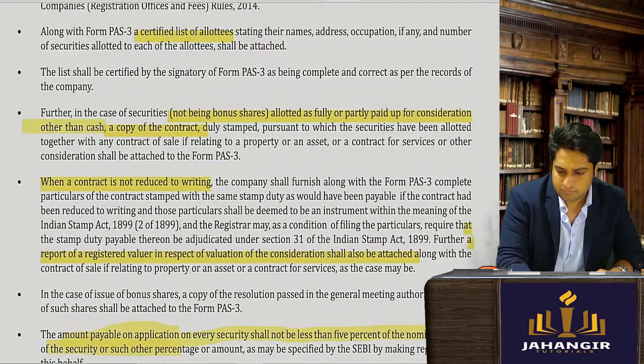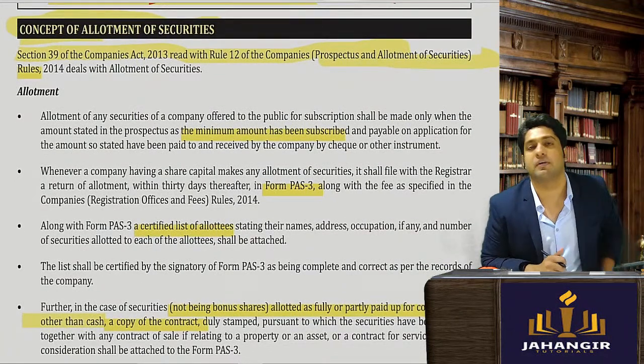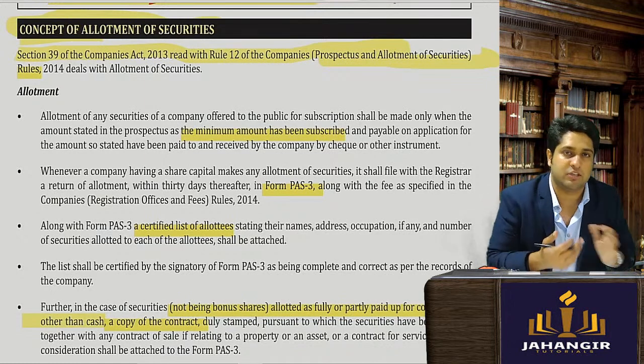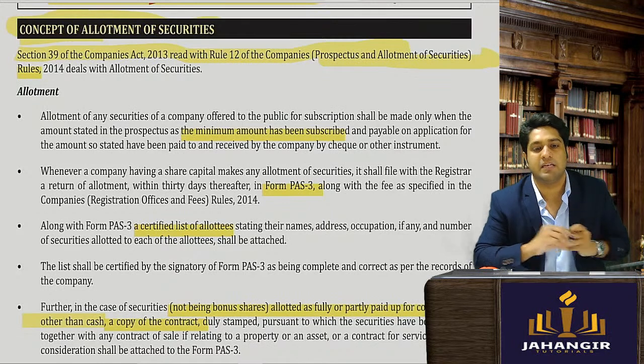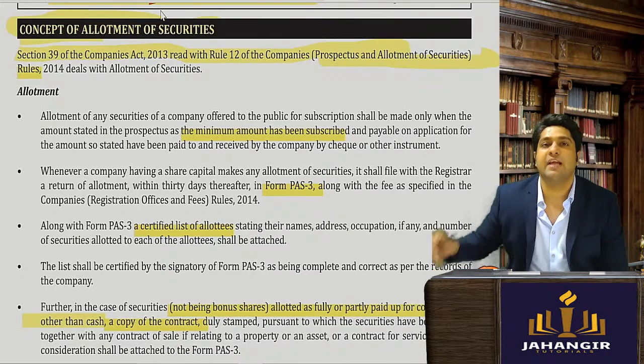Now, basic rules of allotment. Basic rules of allotment are given here. First, whenever we allot the securities, the minimum subscription should be done. Minimum subscription is 90% of the issue to the public.